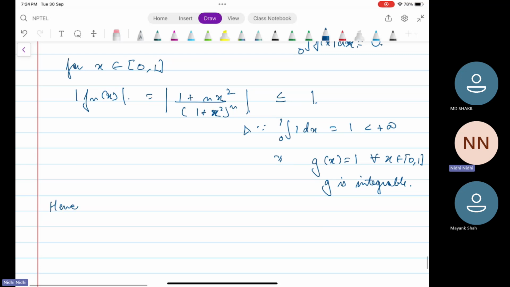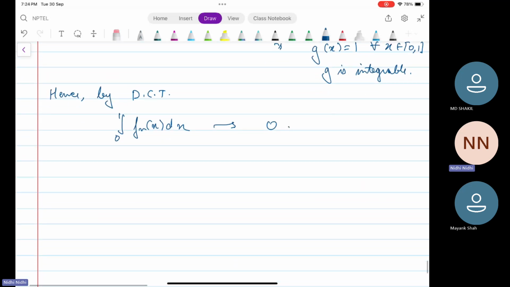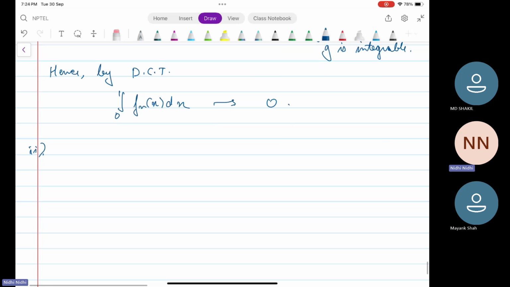Hence by the dominated convergence theorem, integral 0 to 1 fn(x) dx will converge to 0. Similarly, we can look at the second part where fn(x) equals n sine(x by n) upon x(1 plus x square). So yeah, find its pointwise limit.